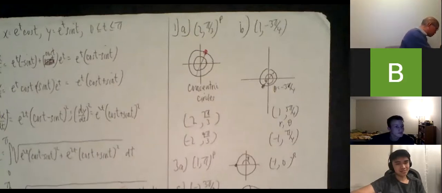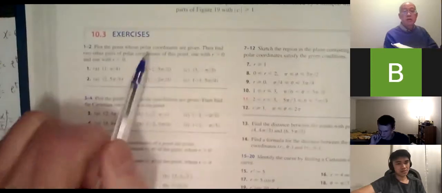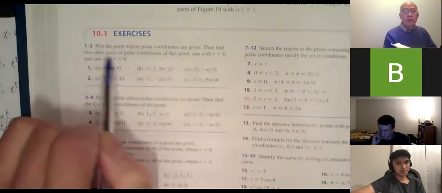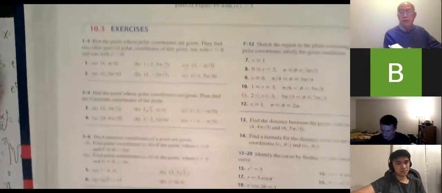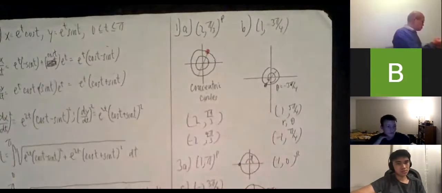See if I can show you the directions here quickly. Find 2 other pairs of polar coordinates, one with R greater than 0 and one with R less than 0.